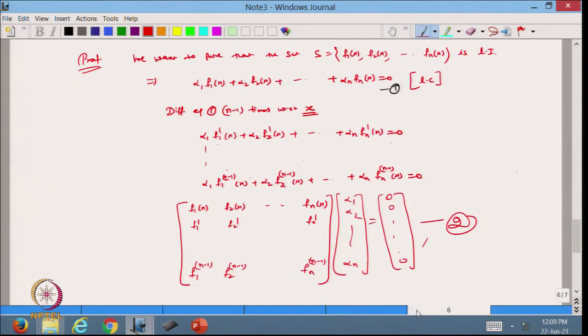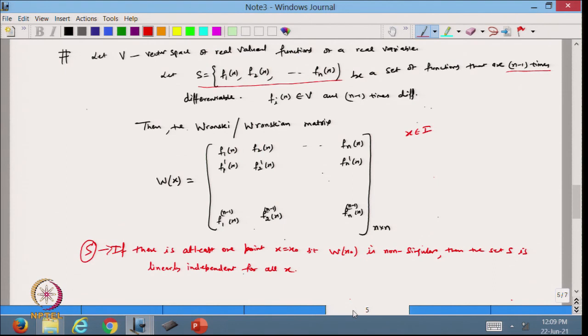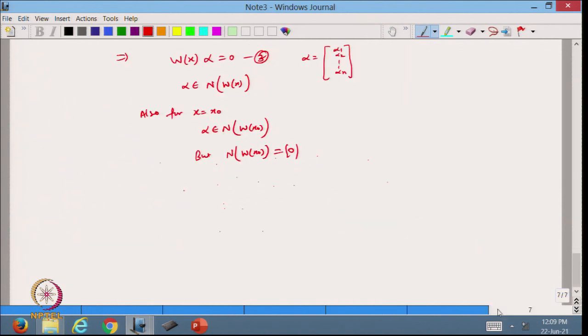It follows that if there is at least one point where this matrix is non-singular, it means the null space of this is going to have only one element.